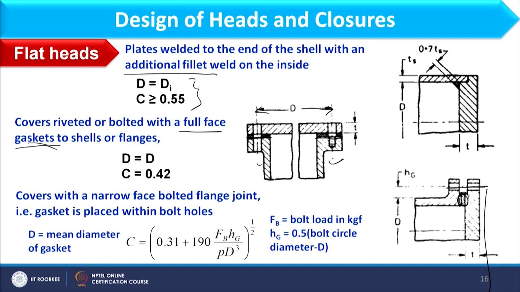and C you can observe from this, which is equal to 0.31 plus 190 FB Hg by P D cubed, power 1 by 2.